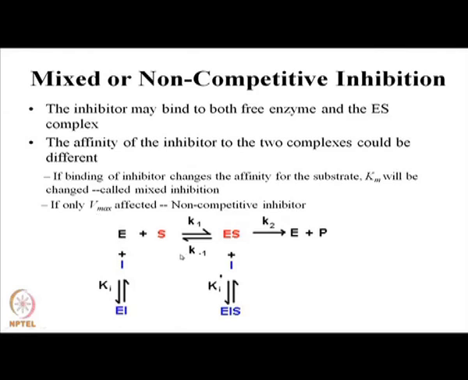The kinetic scheme is this: enzyme, substrate, producing enzyme substrate complex, giving rise to your enzyme back and product. Now, the inhibitor can bind to both, I mean this ES as also E, with Ki for E and Ki primed for ES. So, giving rise to EI for here and enzyme inhibitor substrate complex, EIS, for here. Okay.